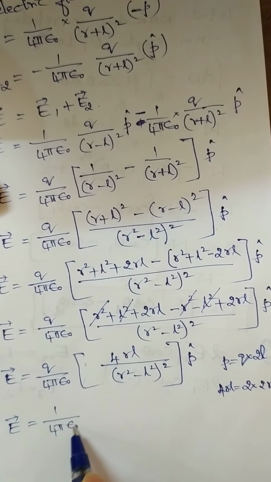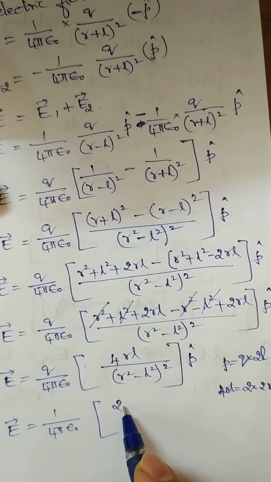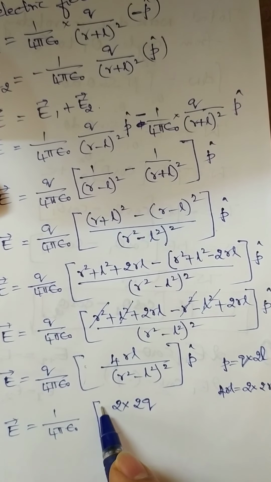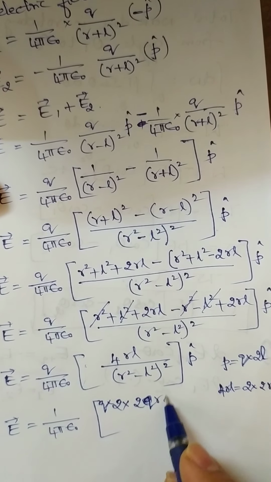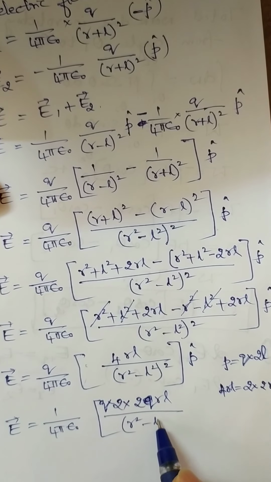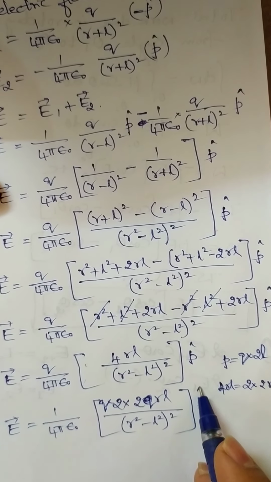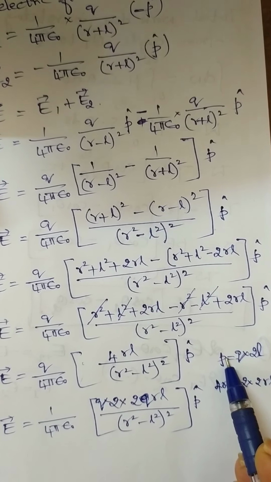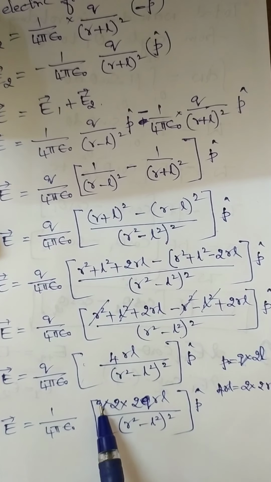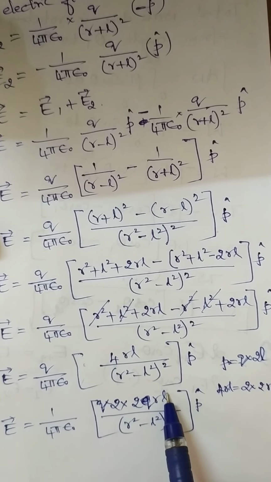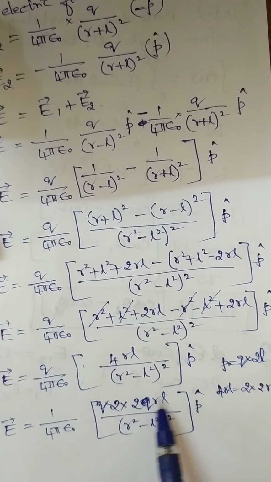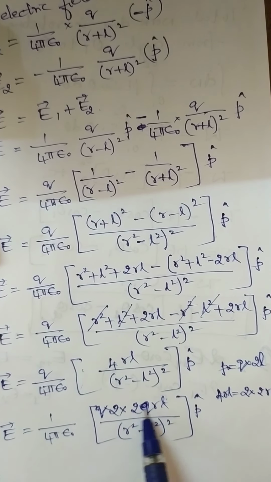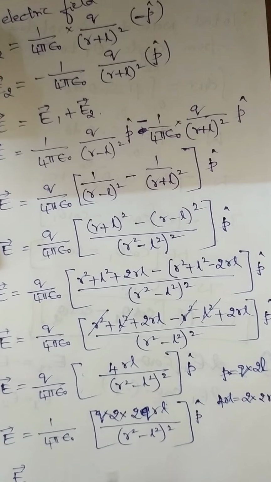So this becomes 1 by 4 pi epsilon naught into 2 into 2q, or else I'll write q here itself, rl divided by (r square minus l square) whole square into p cap, right? As you know, dipole moment p is equal to q into 2l. So this q into 2l can be replaced by p, and the left out thing is 2r.